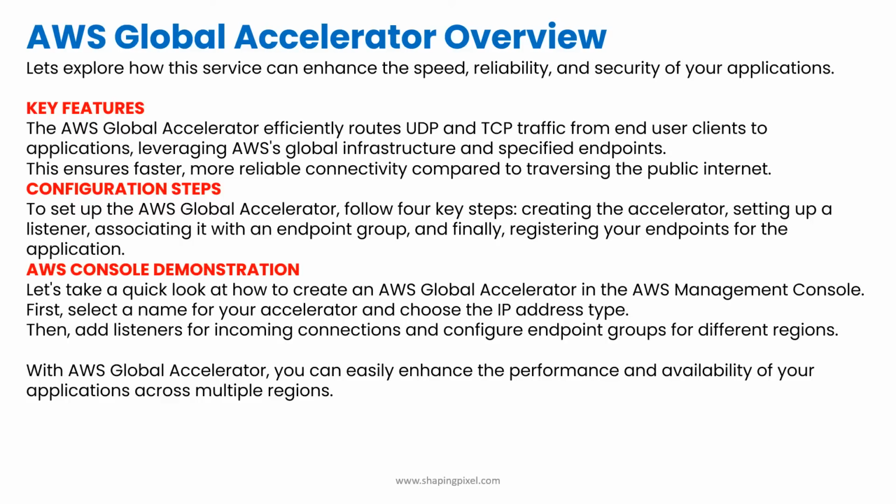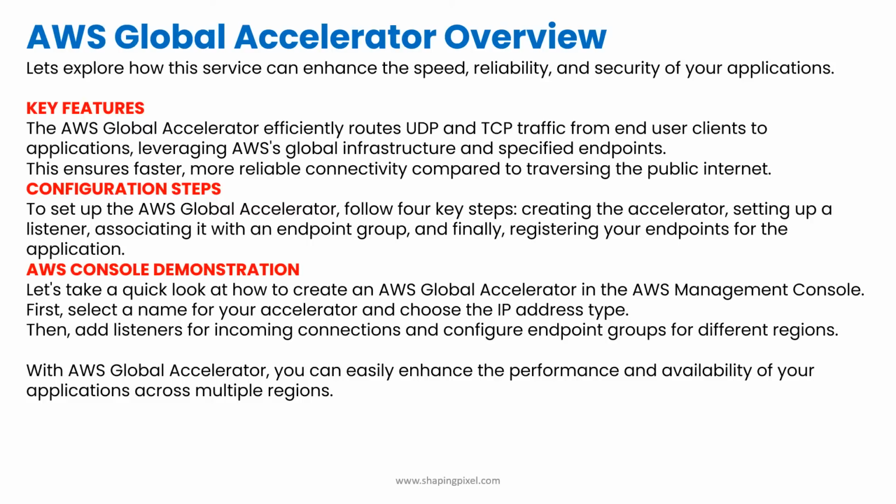This ensures faster, more reliable connectivity compared to traversing the public internet. To set up the AWS Global Accelerator, follow four key steps: creating the accelerator, setting up a listener, associating it with an endpoint group, and finally registering your endpoints for the application.